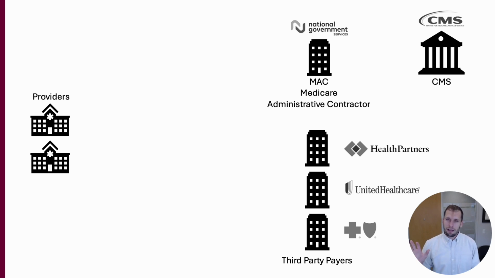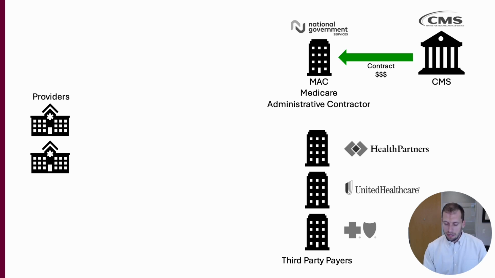So for Medicare, we've got this intermediary, or this group of intermediaries called MACs. They're Medicare Administrative Contractors, okay, and there's a handful of them based in different regions in the country. For here in Minnesota, we would fall under National Government Services. So they're sitting between CMS and us, so sitting between M Health Fairview and CMS, and that's who we're going to be submitting claims to.